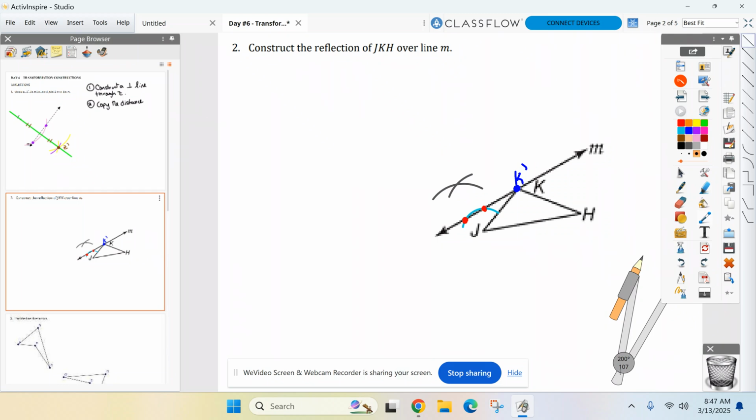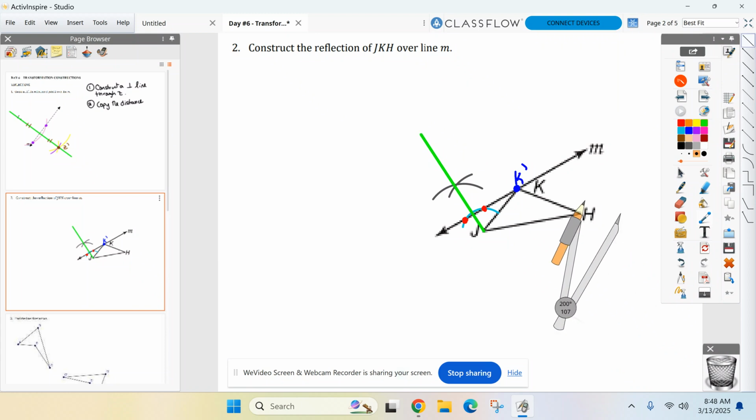And then when you're ready, line up vertex J with that point of intersection and draw in your perpendicular line. And once you have the line copied, match the distance, right?